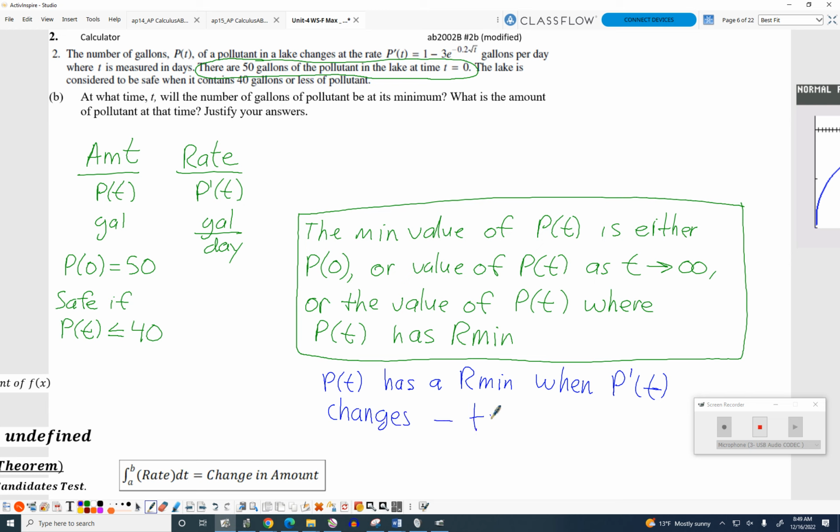Now we use our calculator to find that time. Has anyone found that time? Alex, what you got? Yeah, 30.173 or 174, 5 points.